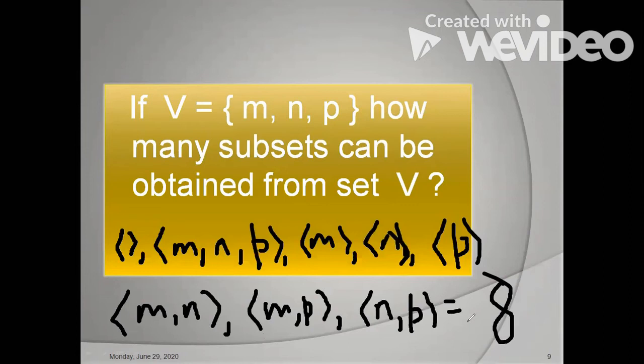However, we can use a formula. But the question didn't say to list the subsets, just state the number of subsets. So this is the formula you can use. It's 2 raised to the power of n. So what does n represent? N represents the number of elements you have in set V. And how many elements we have in set V? 3.